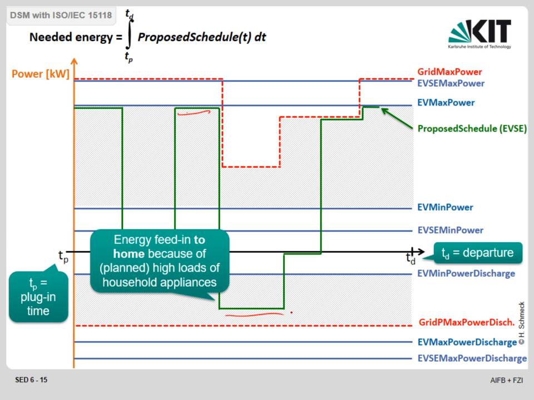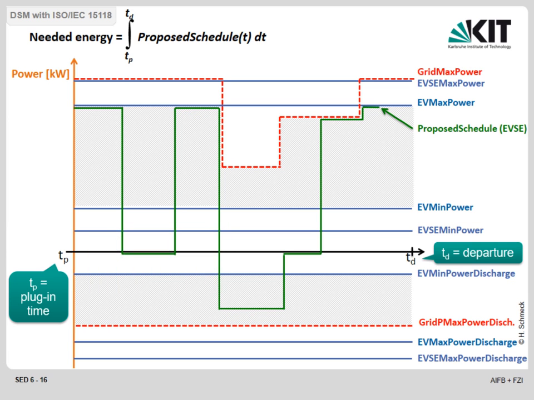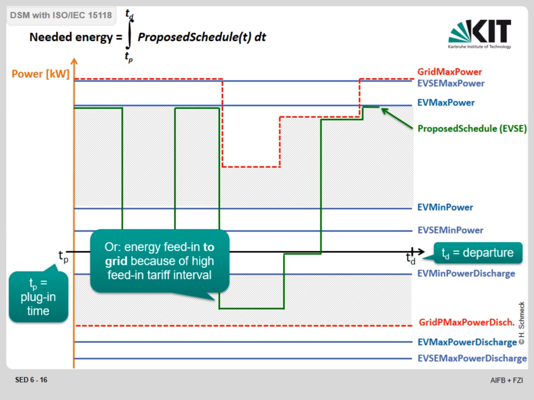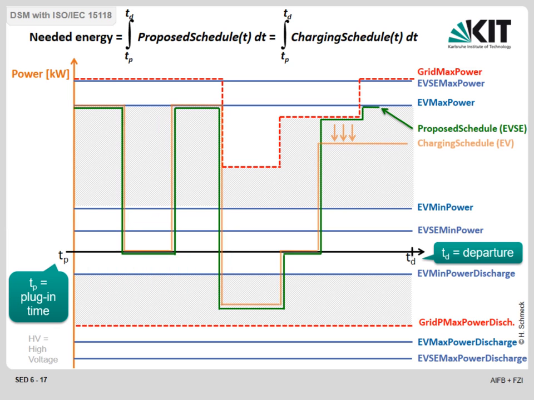Maybe here's a high price, and you just feed the power back into the system to relieve the environment from those problems. And then later on, maybe a high feed-in tariff interval, and from that you get some proposed schedule. So this in green would be the proposed schedule by the electric vehicle supply equipment.